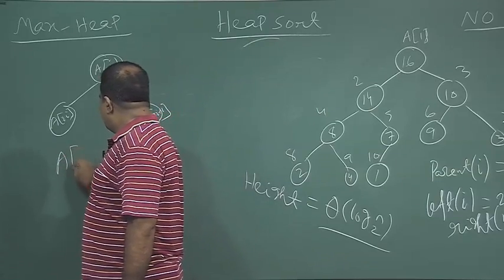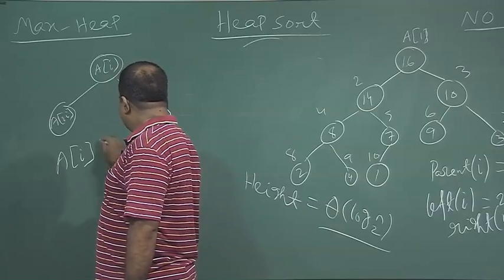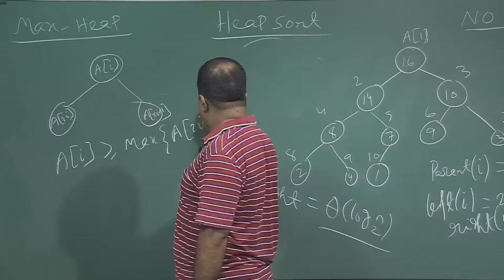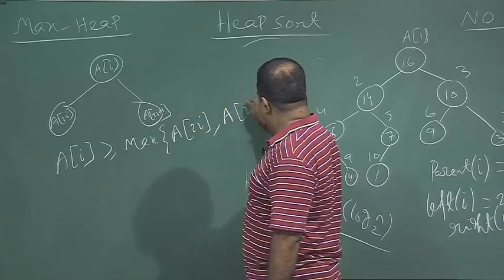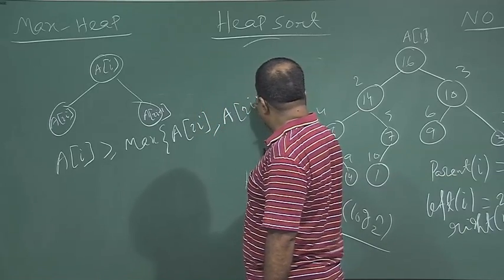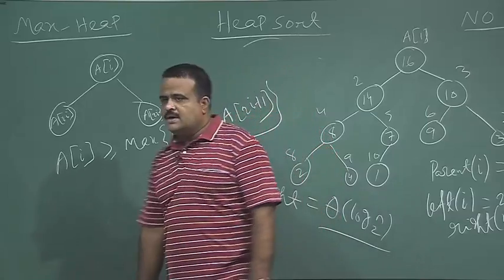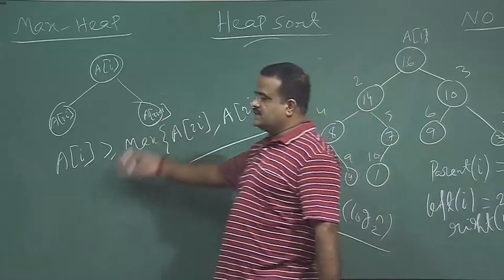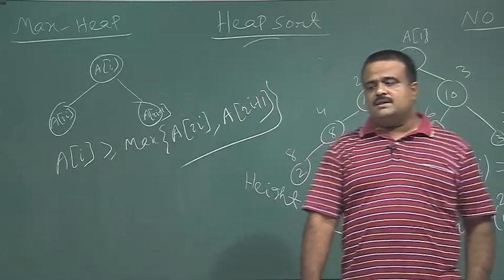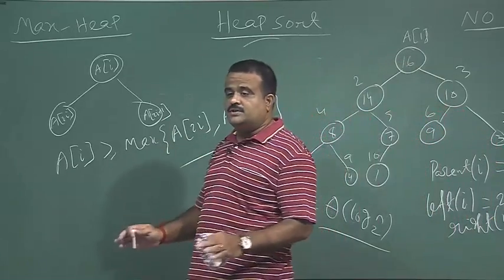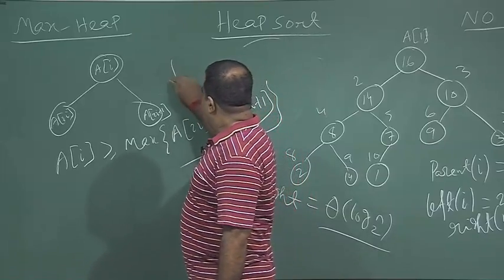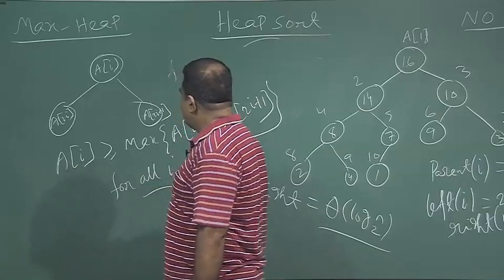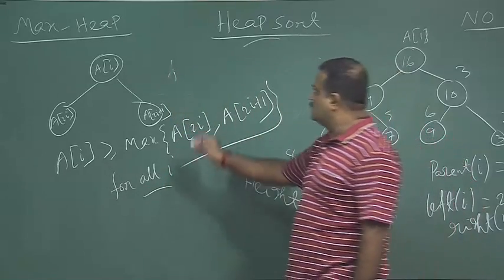If Ai is greater than the maximum of these two, A2i and A2i plus 1, that means every node's key value is greater than its children's, and if this is true for all i, then we call our heap a max heap.